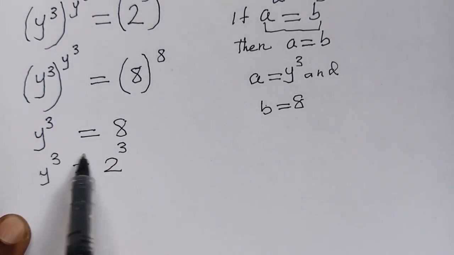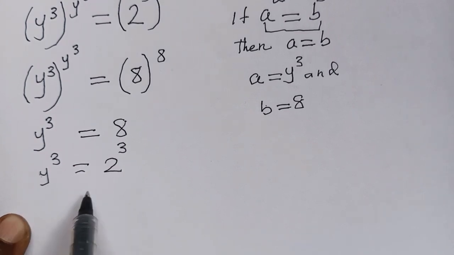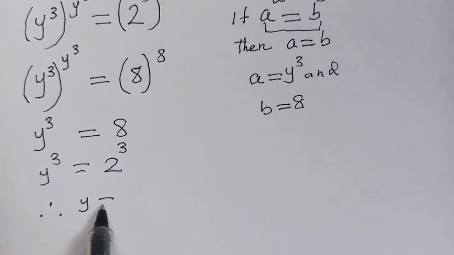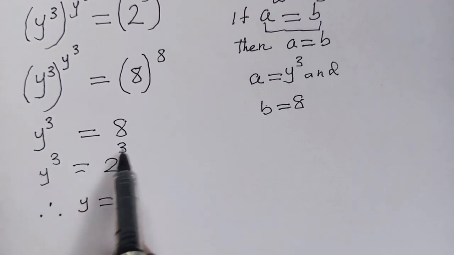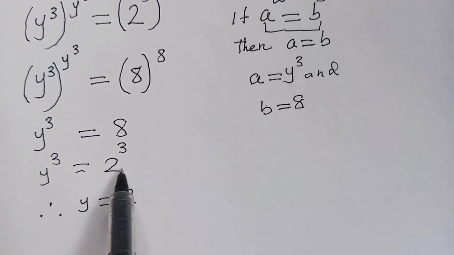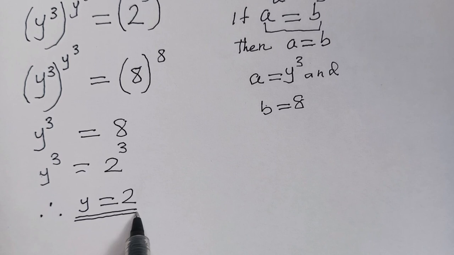If they have the same exponent, therefore their bases are equal. So therefore y equals 2, because these exponents are equal. So we equate the bases. The base of this side should be equal to the base of this side. This is the value of y.